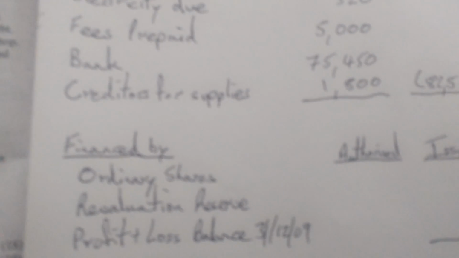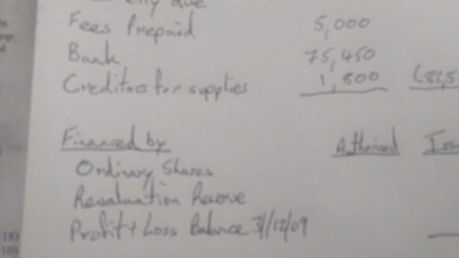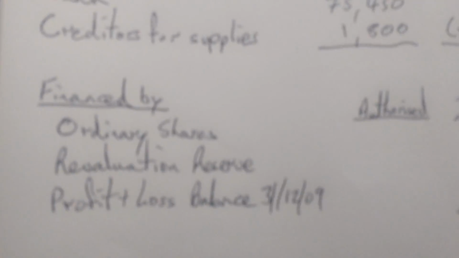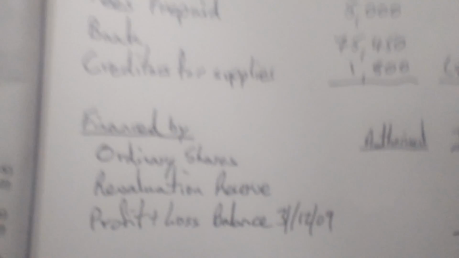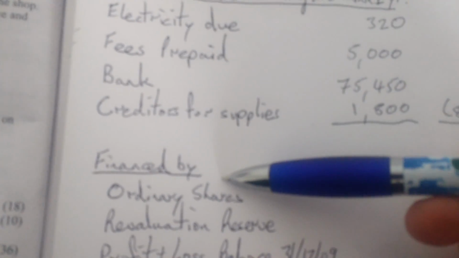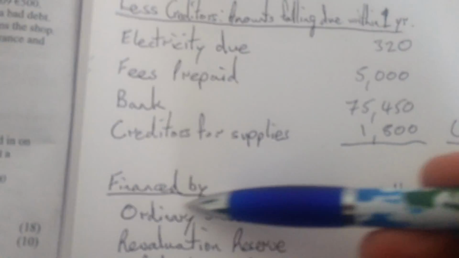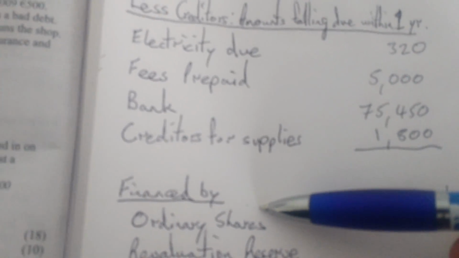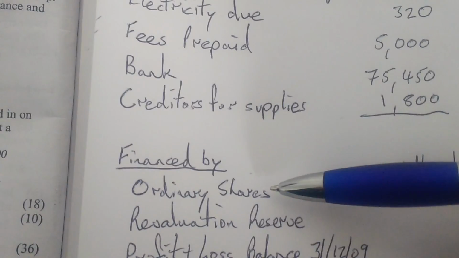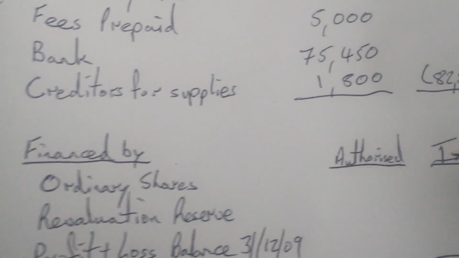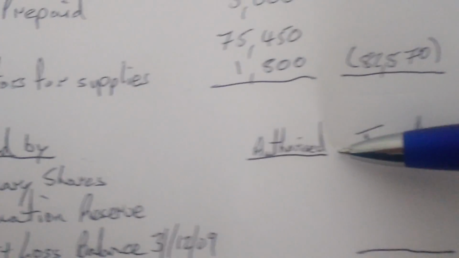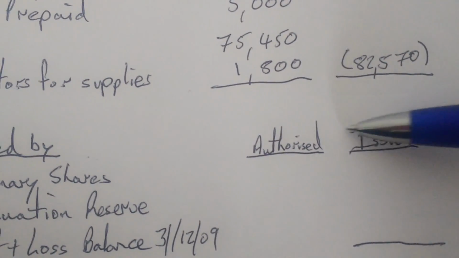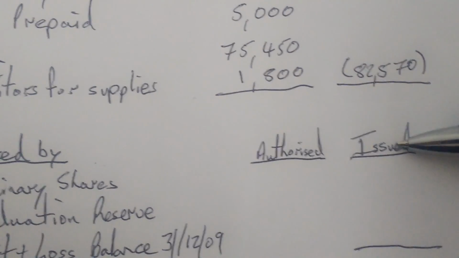Right, so down to the finance by section, and here I suppose I've left one thing out that you could add in here sometimes, but there's usually no mark for it, which is a heading capital and reserves after the finance by part. So everything in here is your capital and reserves figures anyway. So then in the first two columns I've put in a heading as well, one for authorized capital, one for issued capital.